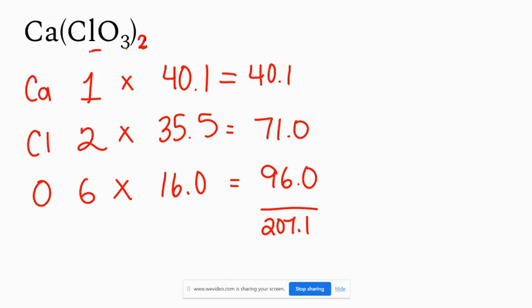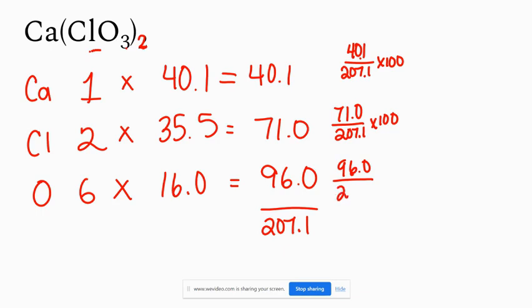I'm going to take then each of my parts and divide by my whole. That's percent calcium.